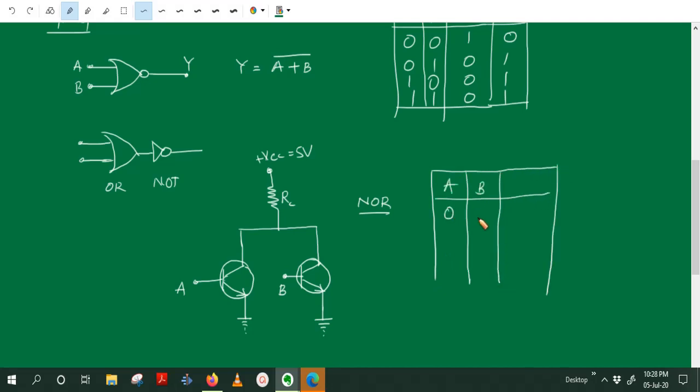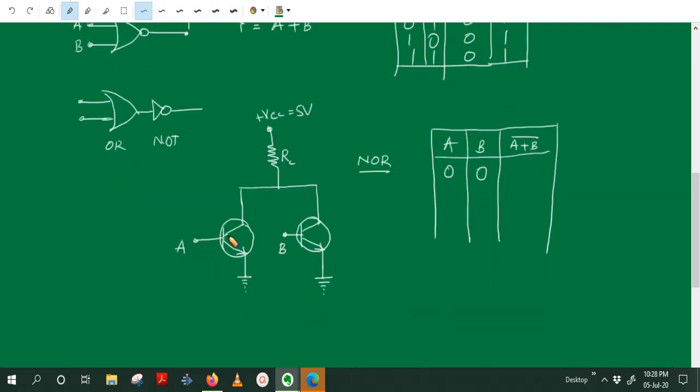First we give 0 voltage, 0, for both A and B. That means we connect terminals A and B to the ground. So this is 0 0. The corresponding output for the NOR gate, that means (A or B) complement: when the input is 0, transistor T1 is in off state and T2 is also in off state.